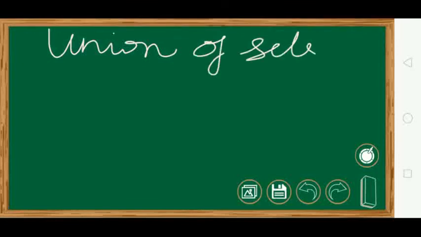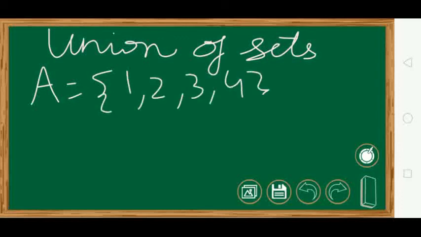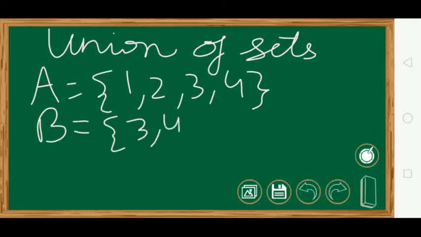Now going further, let's see what we mean by union of sets. Suppose A is the set {1, 2, 3, 4} and B is another set {3, 4, 5, 6}.